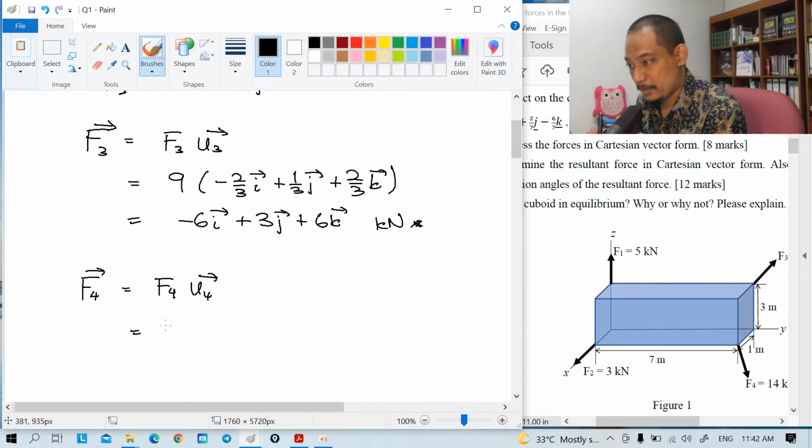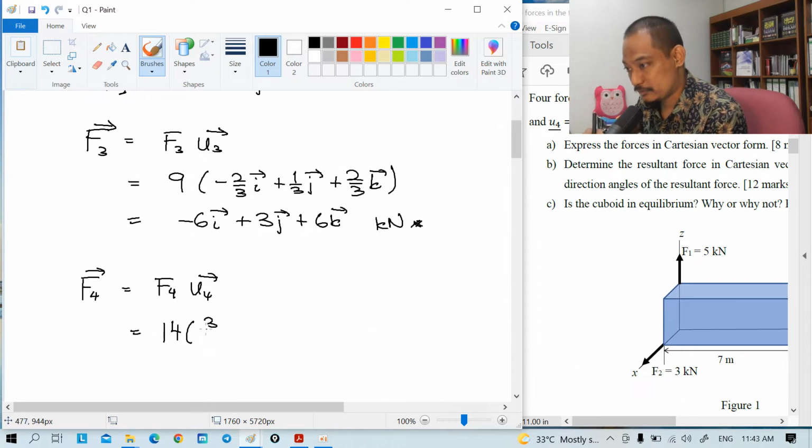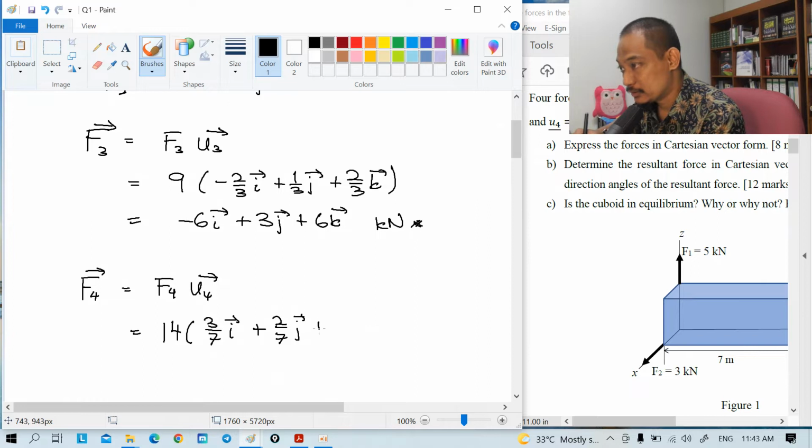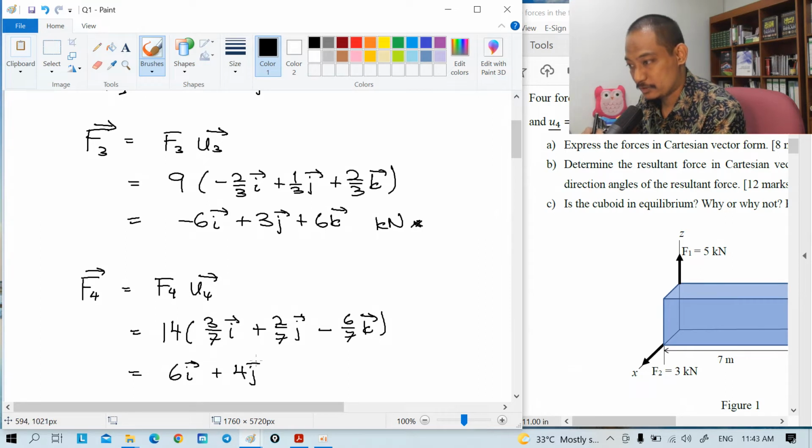So it's 14 times, what's the unit vector for U4? 3 over 7 i plus 2 over 7 j minus 6 over 7 k. So 14 over 7 is 2, giving 6i plus 4j minus 12k, right?